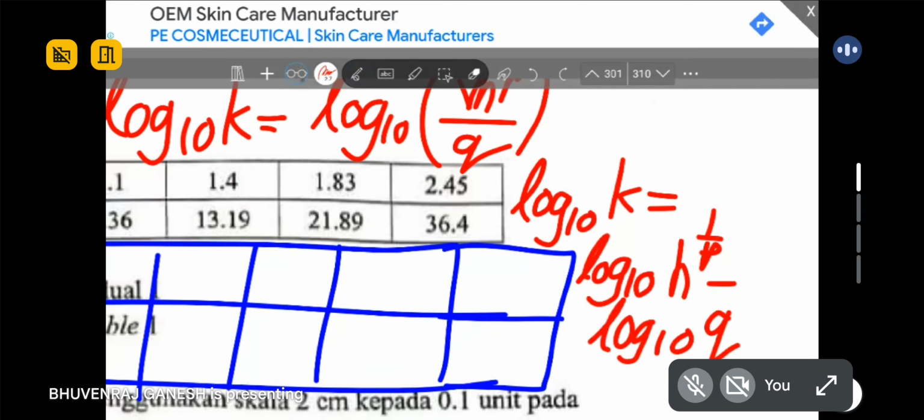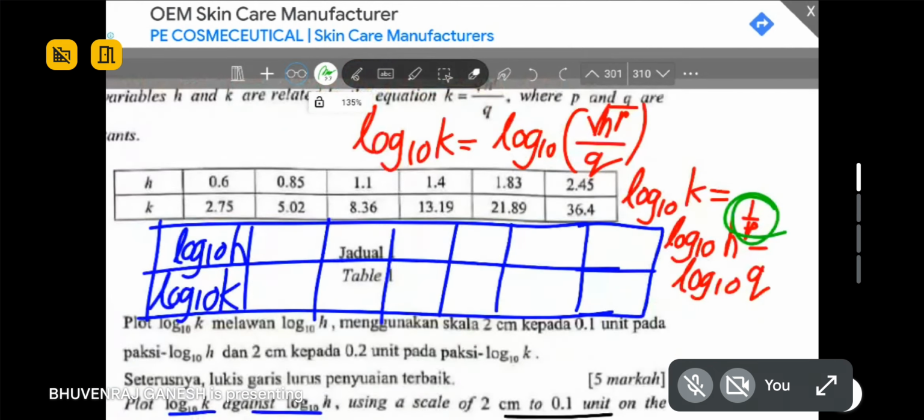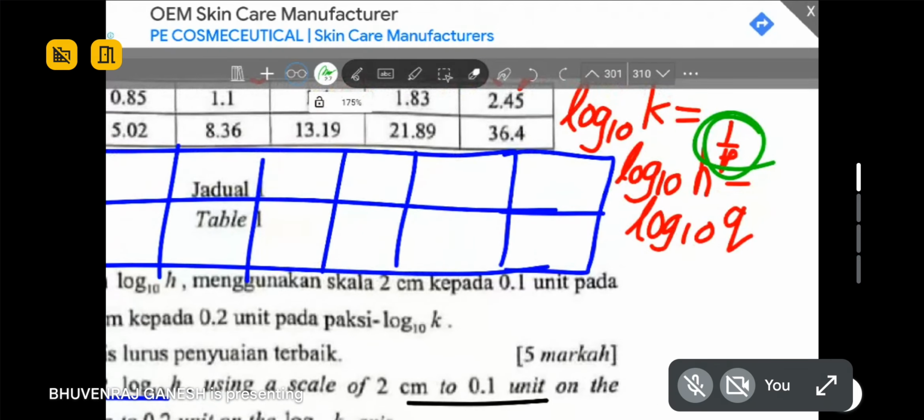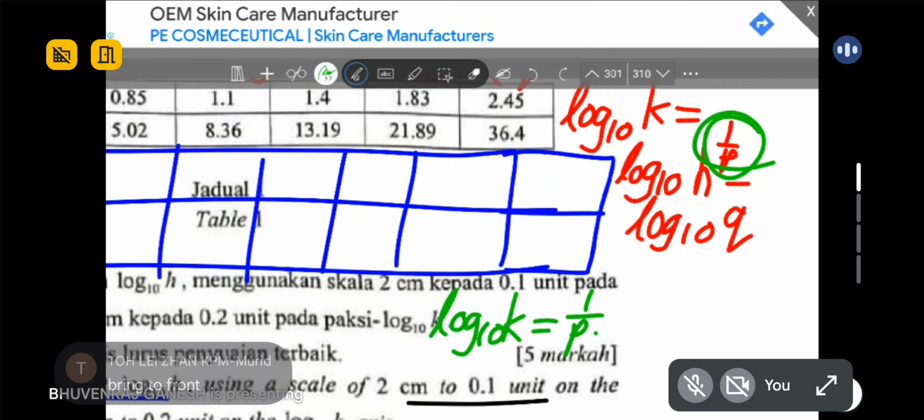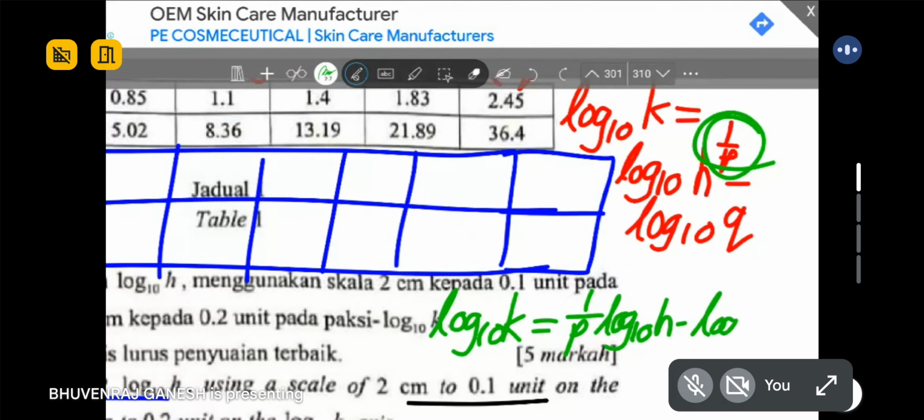So guys, 1 over p, what can I do over here? Boleh buat apa? I can do something based on your log. Yes, bring it down. Correct. So log 10k equal to 1 over p log 10h minus log 10q.